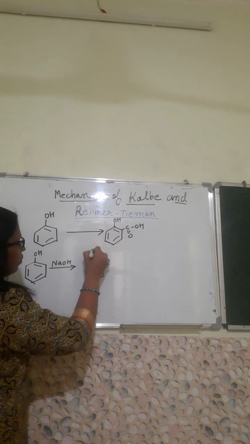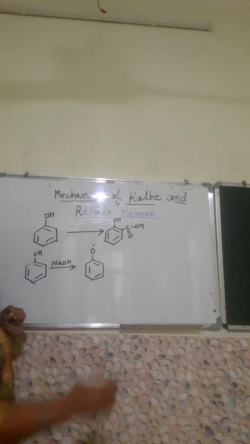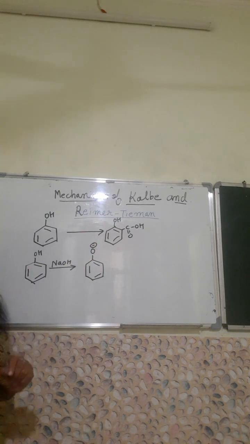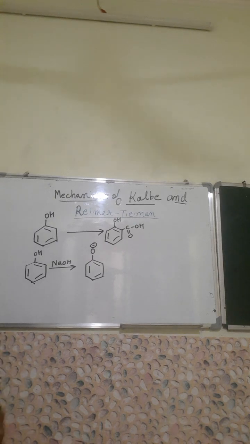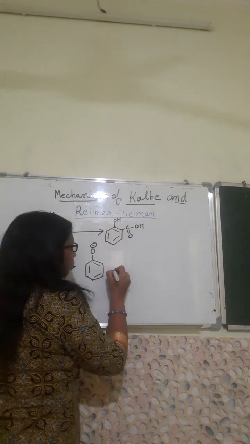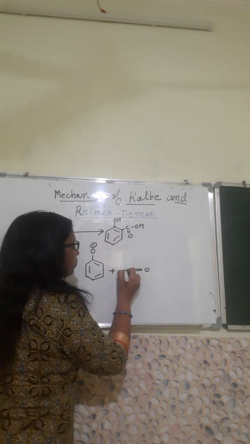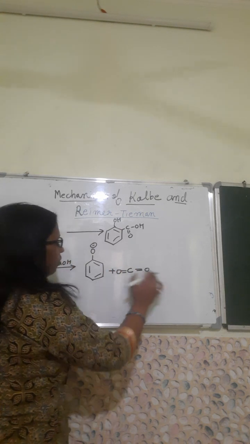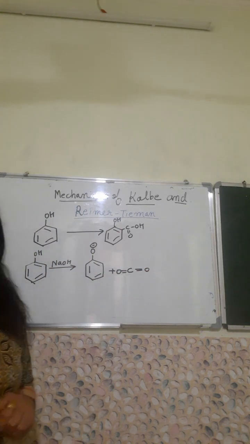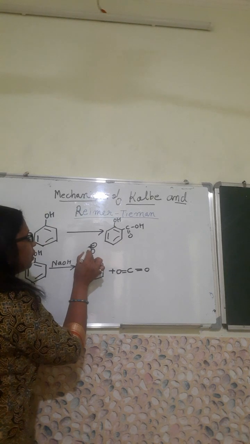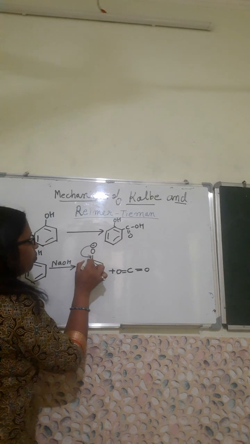See carefully, that is a phenoxide ion. We don't write the Na because it makes confusion. Now CO2, it is a linear shape, sp hybrid state, that's why we write it this way. Movement of electrons: this negative charge makes the bond.